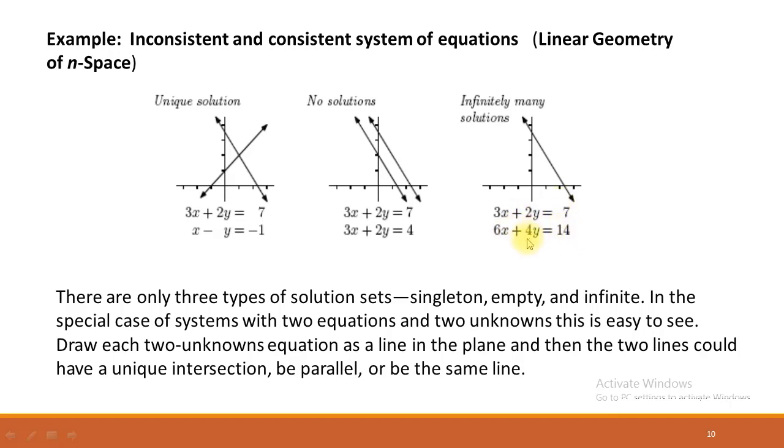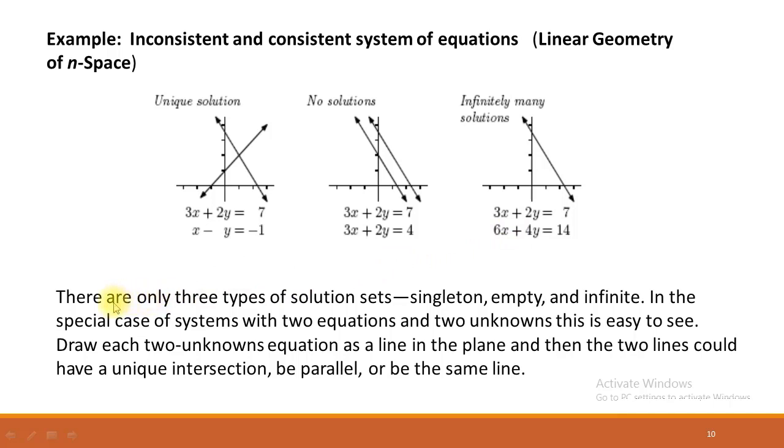So on the left hand side we obtain 0, on the right hand side we also obtain 0, so 0 is equal to 0. It means that the system has infinitely many solutions. In case of infinitely many solutions, these two lines overlap each other because there are so many intersecting points.